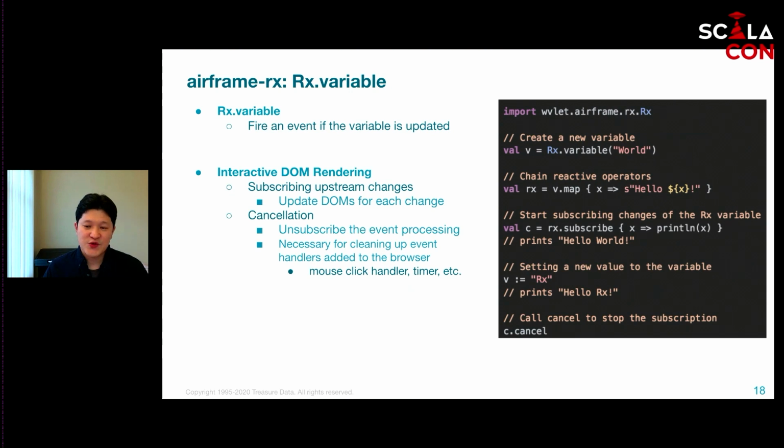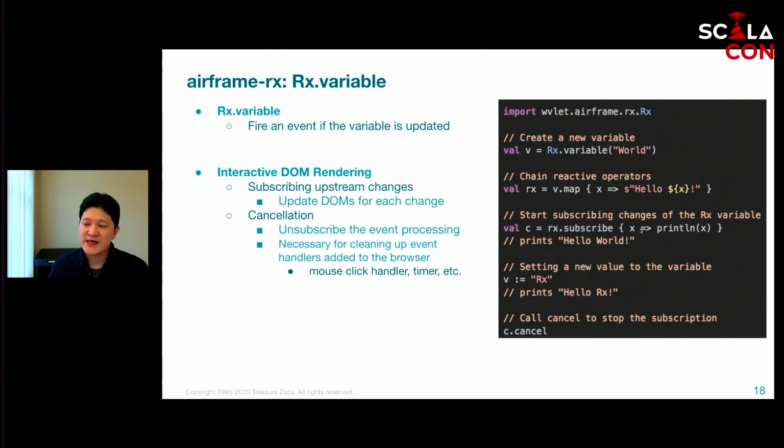Additional functionality you will need is some sort of variable support. An Rx variable will fire an event if the variable content is updated. For example, you can define a variable with a text string world here, then chain a map operator to create a new string, hello world.